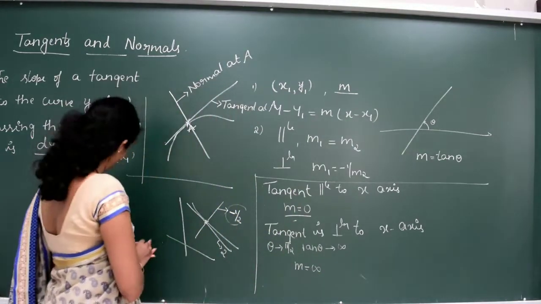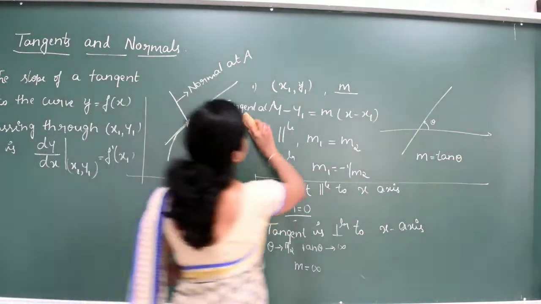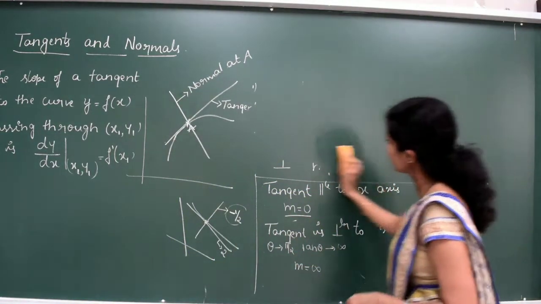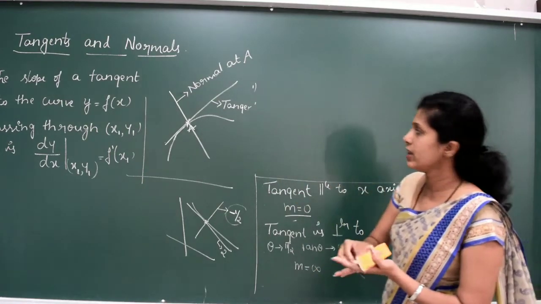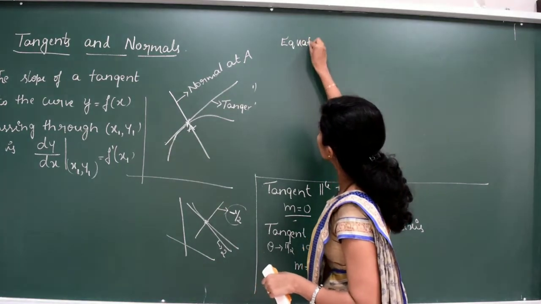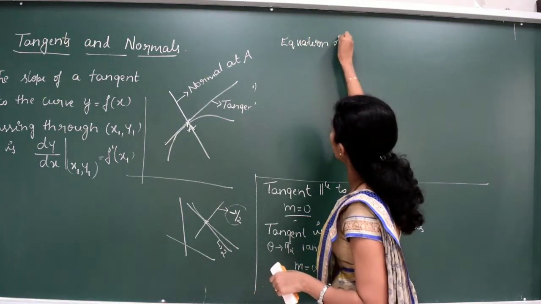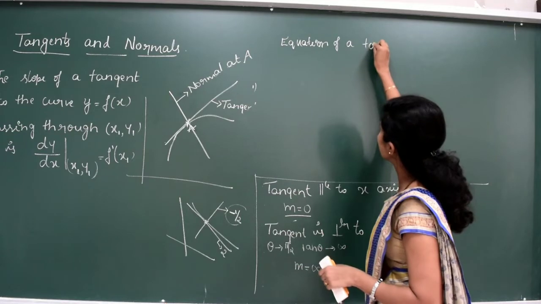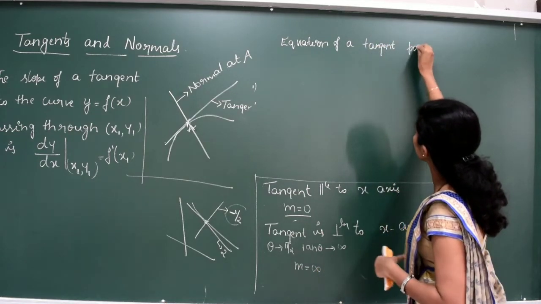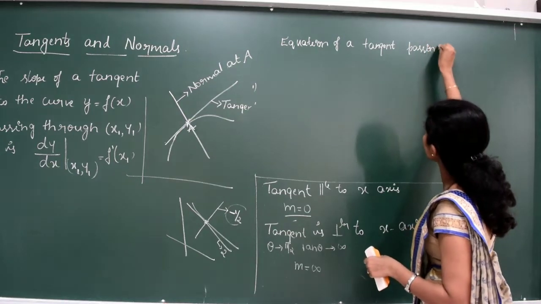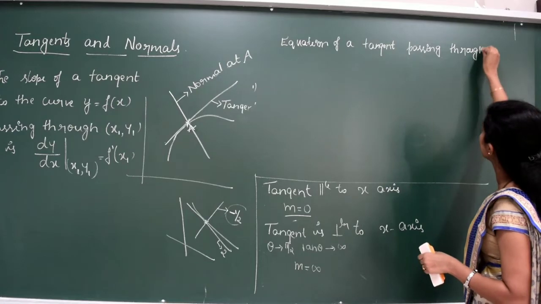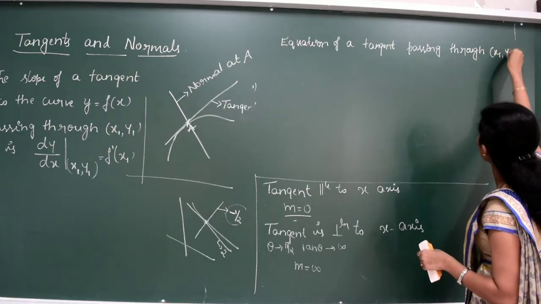And one more thing, we'll write the equation of a tangent and the normal, important one. Equation of a tangent line passing through the point x1, y1.